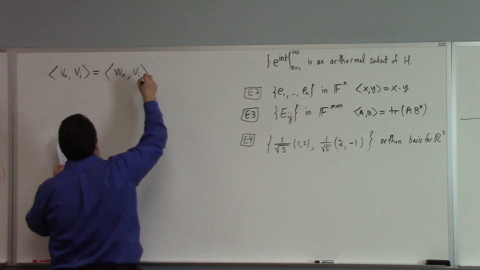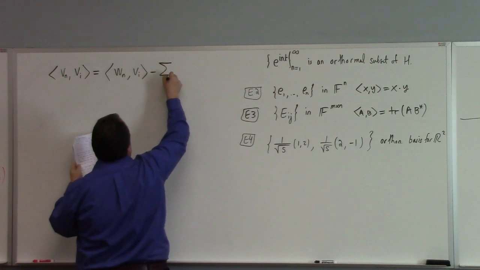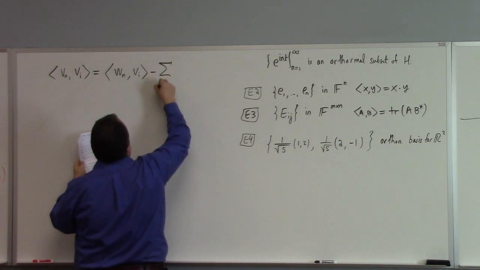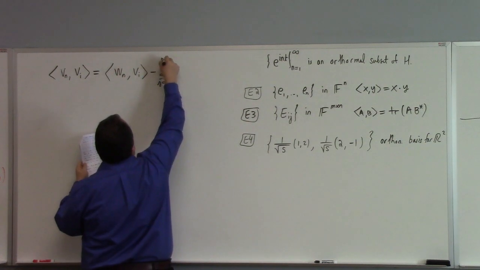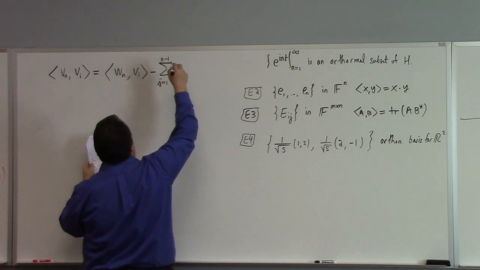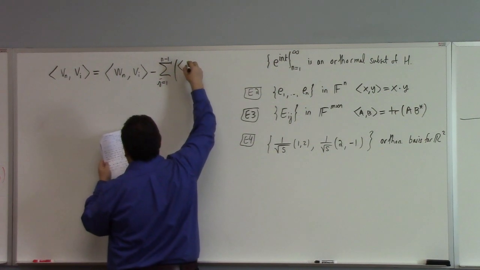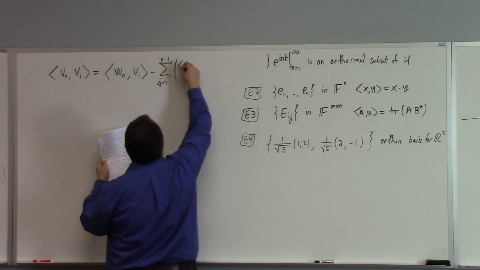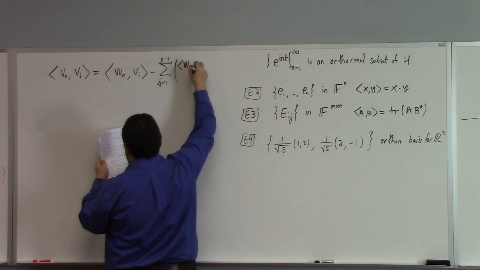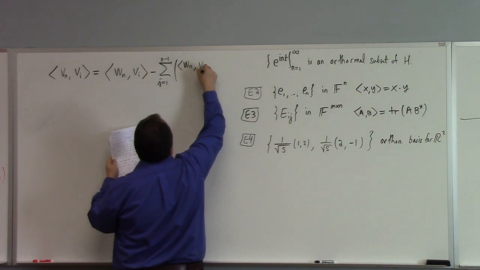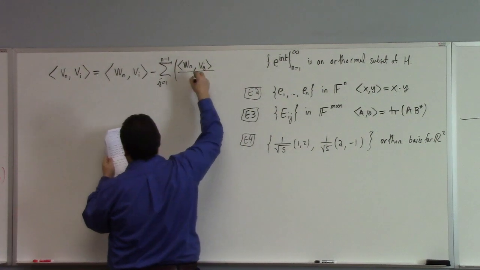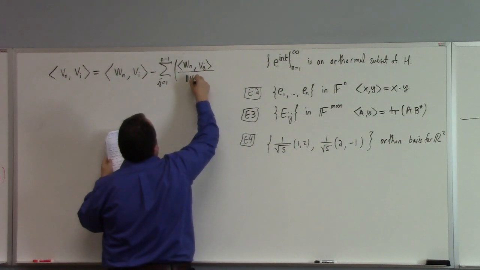And I'm going to just go ahead and pull out the sum using the properties of the inner product here. Sum j equals 1 to n minus 1. I've switched from k to n in my lecture here. It's really annoying. I don't know why I did that. I've got k's in my notes and n's up here on the board. So if I slip and write a k up here, stop me. Vj divided by the length of Vj squared.